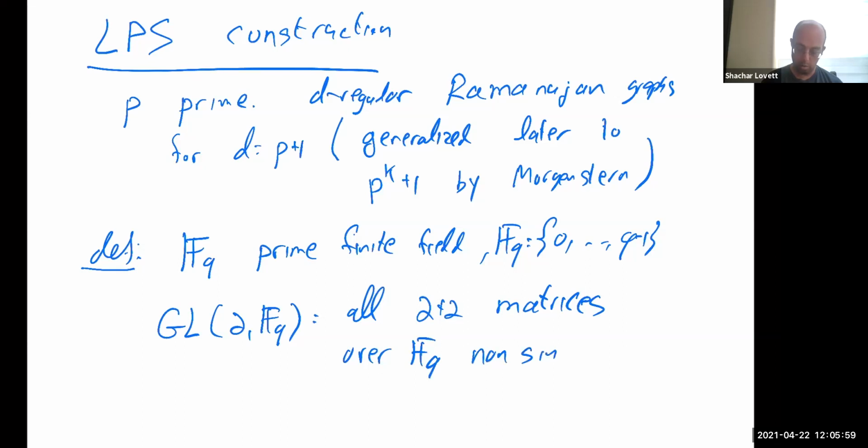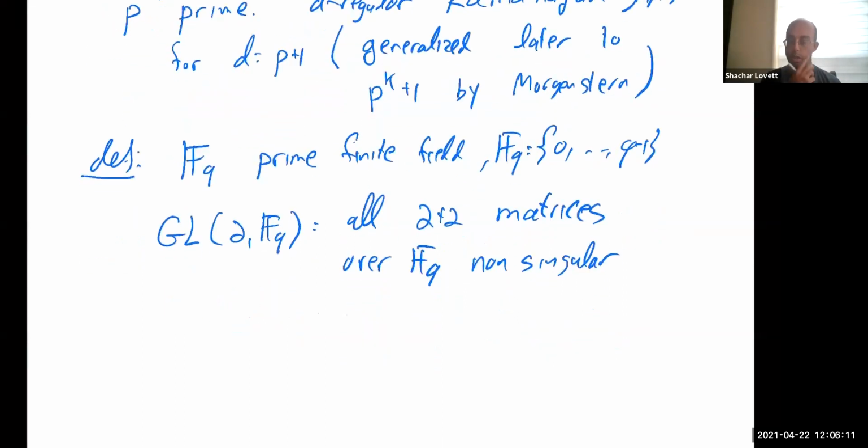So they're invertible, the determinant is non-zero. So this is just what's called the general linear group. All the 2x2 non-singular matrices. And what we actually need to work with is a quotient of it. It's called the projective general linear group.